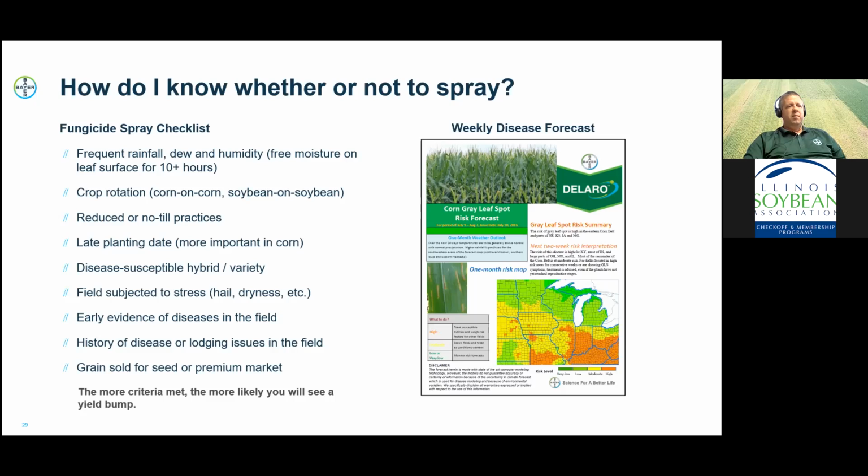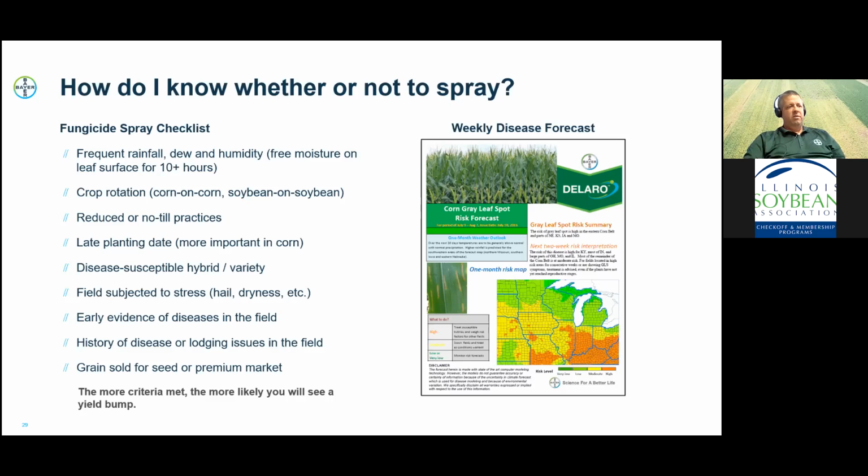It's probably less of a factor in soybeans to a certain extent, but planting date can play into whether or not we're going to see disease develop. Obviously the disease susceptibility, we talked about genetic resistance. So when we talk about the susceptibility of the variety, we're going to have certain ones that are more susceptible to disease, and those are going to benefit more, obviously, from a fungicide application.